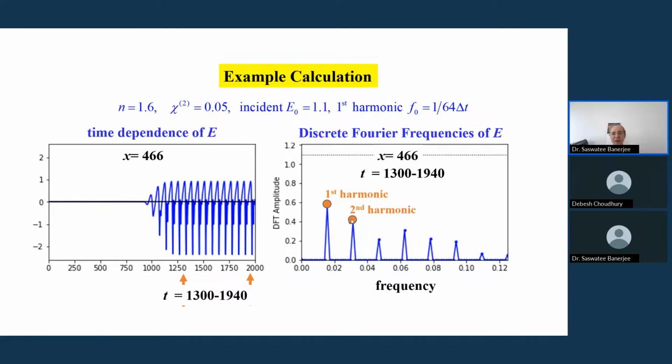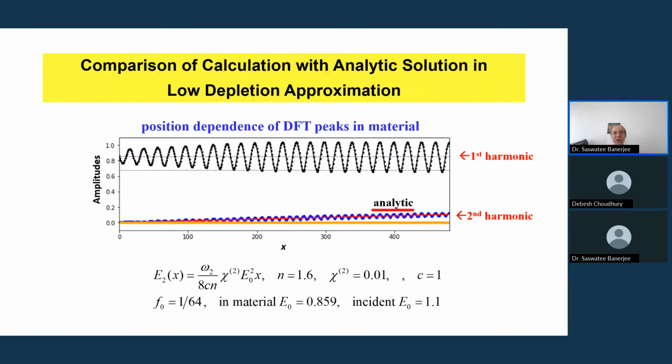I don't have an analytic solution. I have an approximate analytic solution, and it's called the low depletion approximation. I'm not going to derive this, but I will give you a reference at the end of this talk. And so here is an analytic solution.